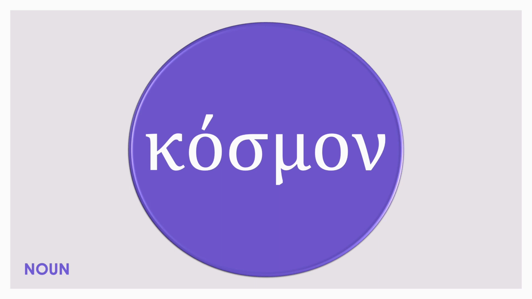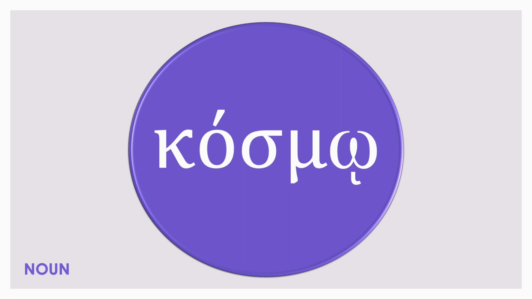World is the meaning, and usually it's in the Bible as cosmon in the accusative or as cosmo in the dative, and here it is as the dative, the iota subscript on the omega, again showing the dative case. Cosmo or cosmon meaning world.